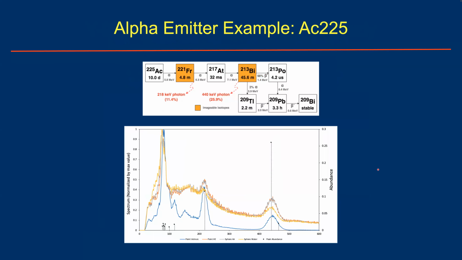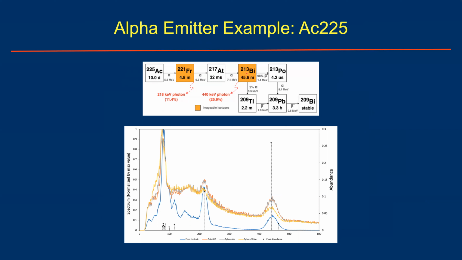Again, for the alpha emitters, it's very difficult to image. One reason is because alpha emitters have very complicated decay schemes. For example, actinium-225 is a very commonly used alpha emitter for cancer therapy, and we can see it has multiple decay chains to different daughters. Some of the daughters can have a relatively long half-life.